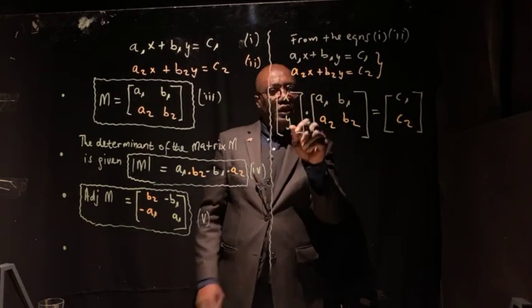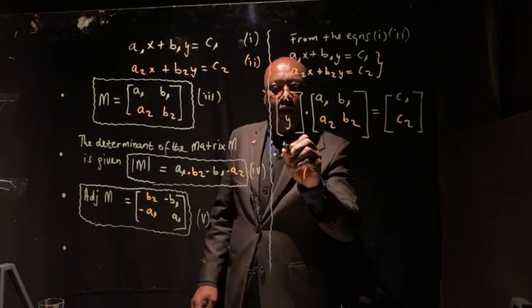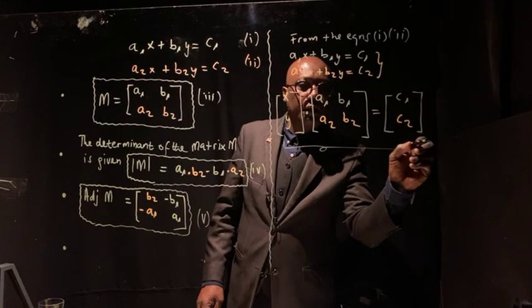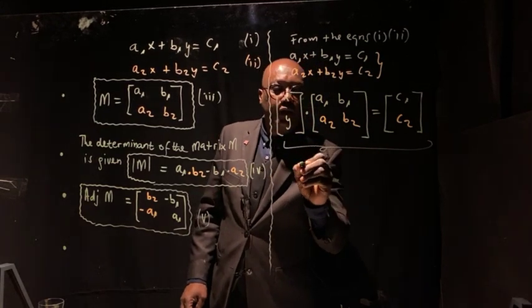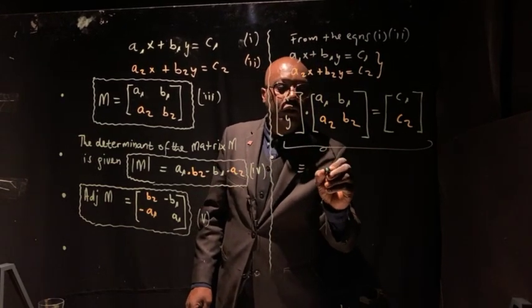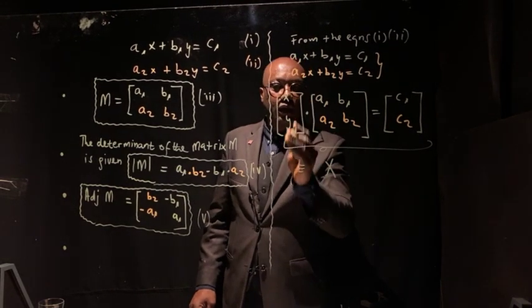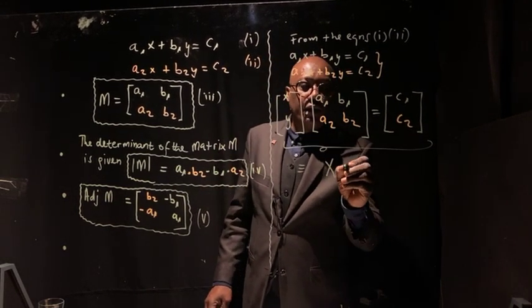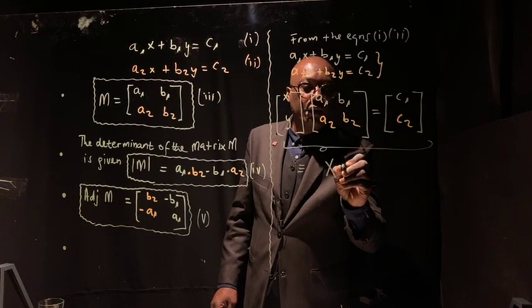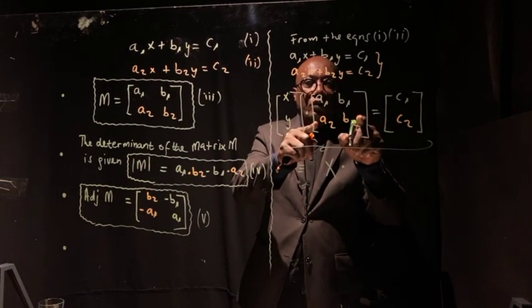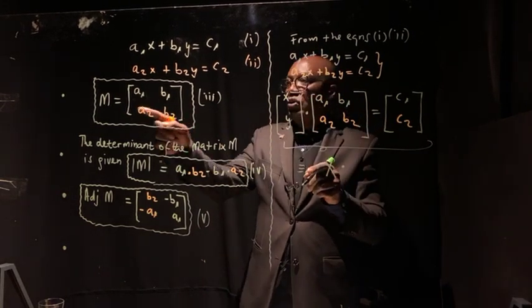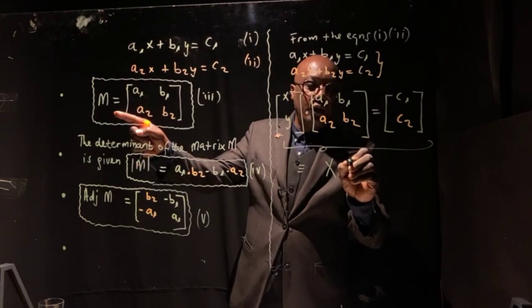So if you watch this equation carefully, you can see that it is identical to big X, which is this one, multiplied by this one, which we know to be the matrix M. Is that correct? Good.